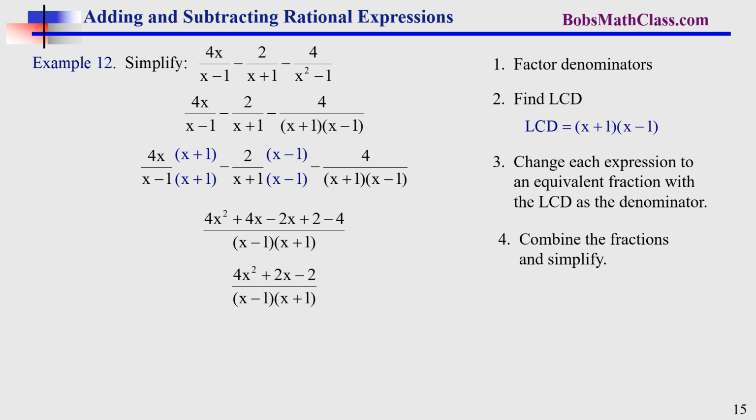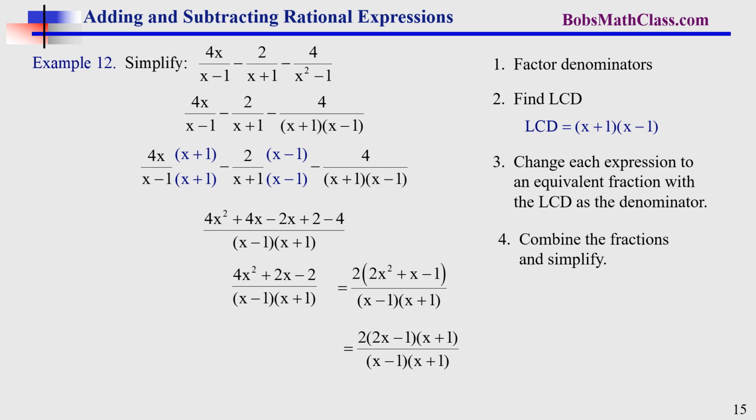Now on the top, we could factor. First of all, there's a GCF, so factor out a 2 on the top. And then that trinomial, you could factor that. I don't have room to show, but 2 times negative 1 is negative 2. There's 1 and 2. You might want to do that on scratch paper. So the numerator factors to 2x minus 1 times x plus 1. And then keep that 2 in front.